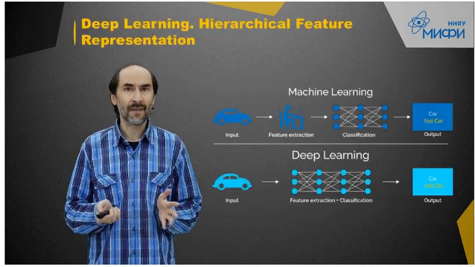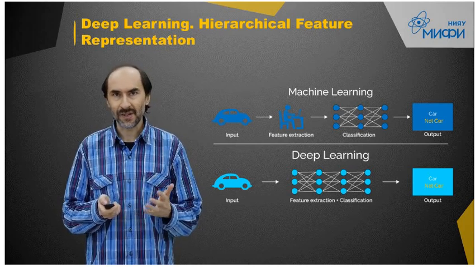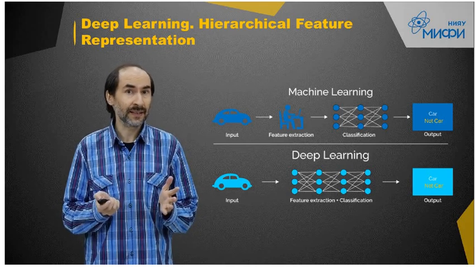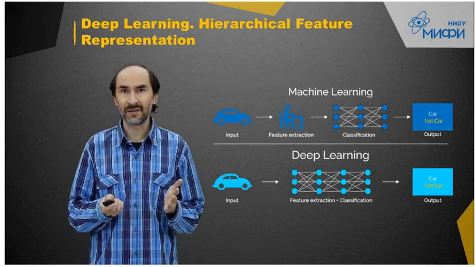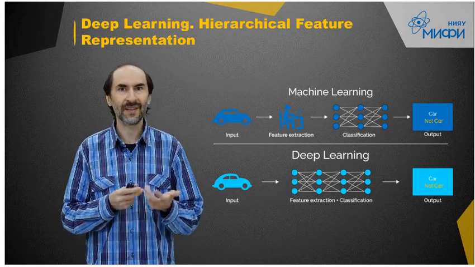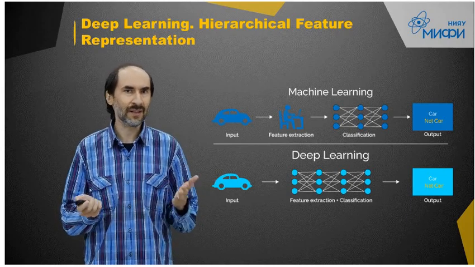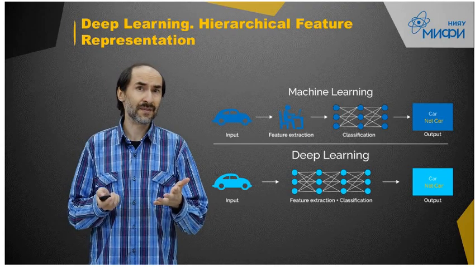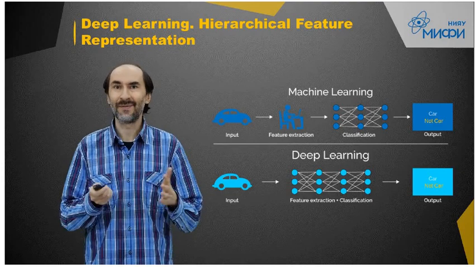So what does the deep neural network actually do? It constructs the features useful for the given problem. In the classic machine learning pipeline, the researcher had to do this. Feature engineering is a difficult problem that requires data understanding, mathematical background, and knowledge of the problem area. And usually it's performed by a highly experienced professional. But with a deep neural network, we don't need to construct the features at all.